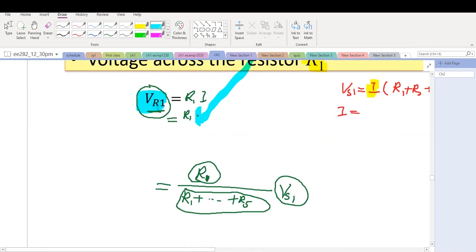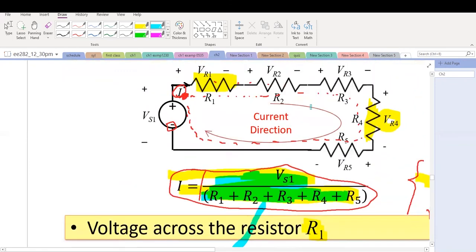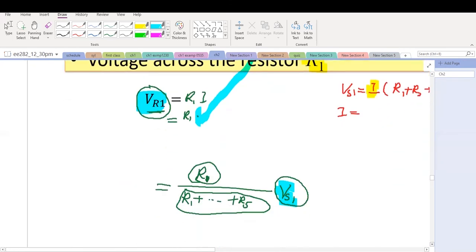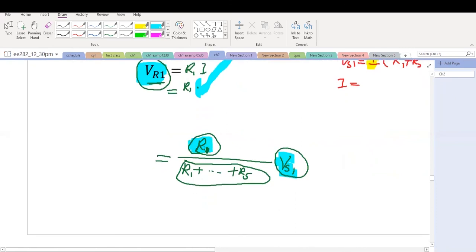The voltage VR1 equals the ratio of R1 and the summation of the resistors, multiplied by the voltage on the source, VS1. This is voltage division: it is related to the ratio of this resistor and the sum of all the resistors in the loop which are in series connections.